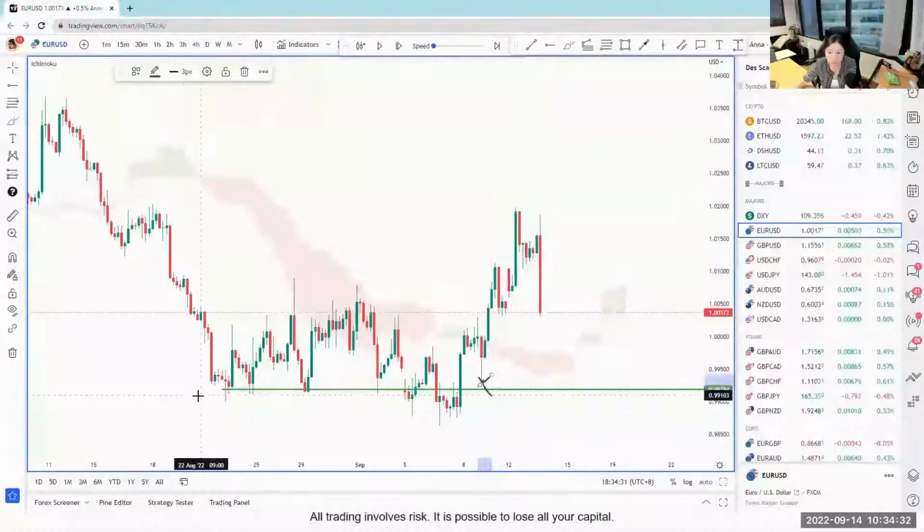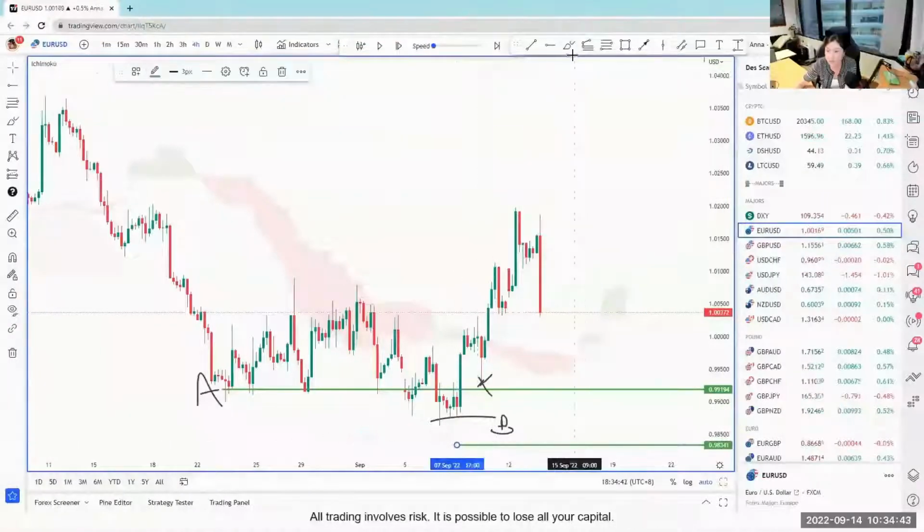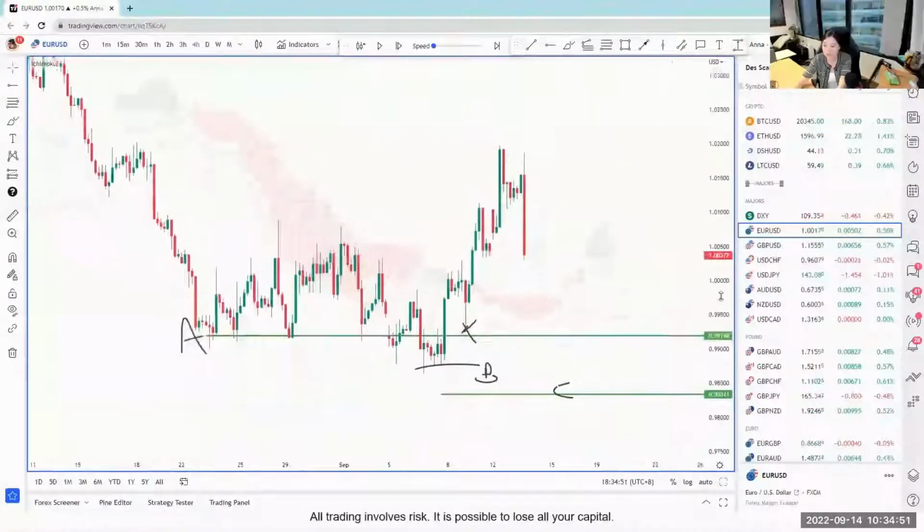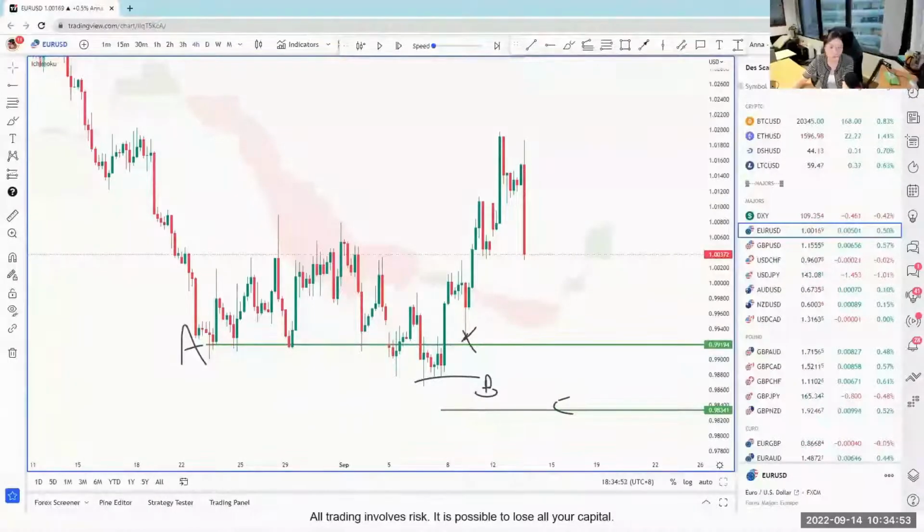Is it at A, at B, or at C? Where is the break even point? Let me move this up. Where's the break even point?